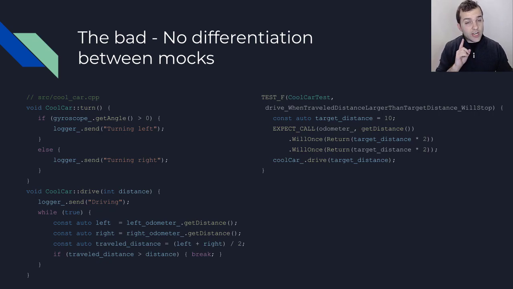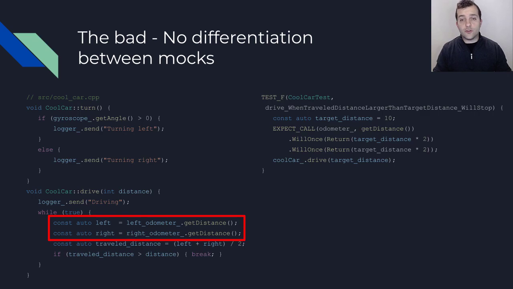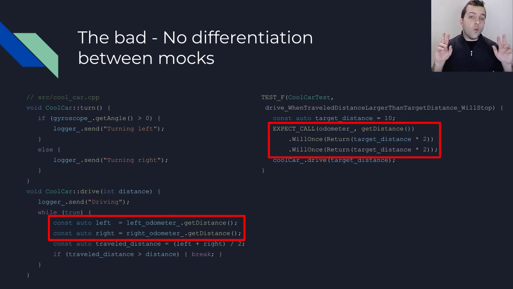There is only one mock instance we can set expectations on, regardless of how many times a mock dependency gets instantiated. To put this simply, despite having two instances of odometer in cool car, our tests have only one mock odometer. As a result, we set expectations on a single object, while in the actual code there are two.